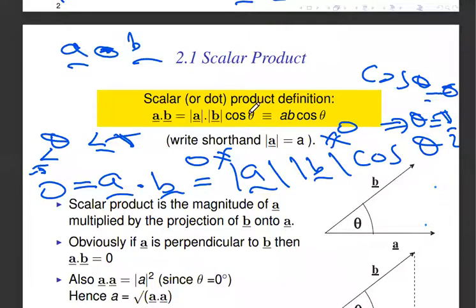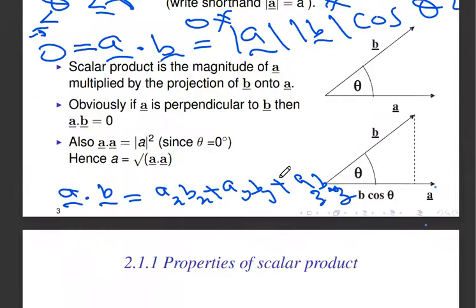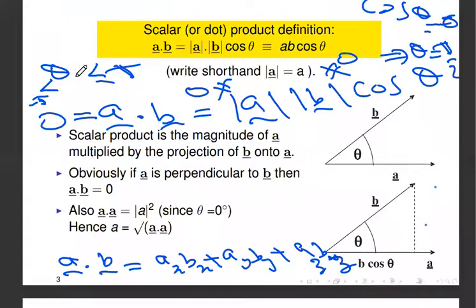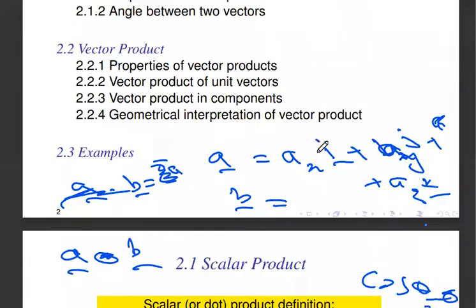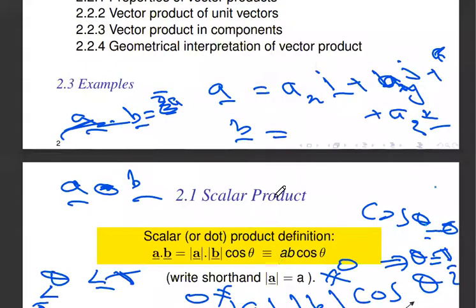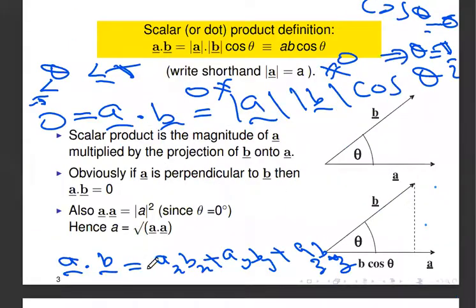If you know the angle between A and B, then you can define the dot product that way. And if you know the coordinates like this, x coordinate, y coordinate, and z coordinate, then you can use this definition, right?